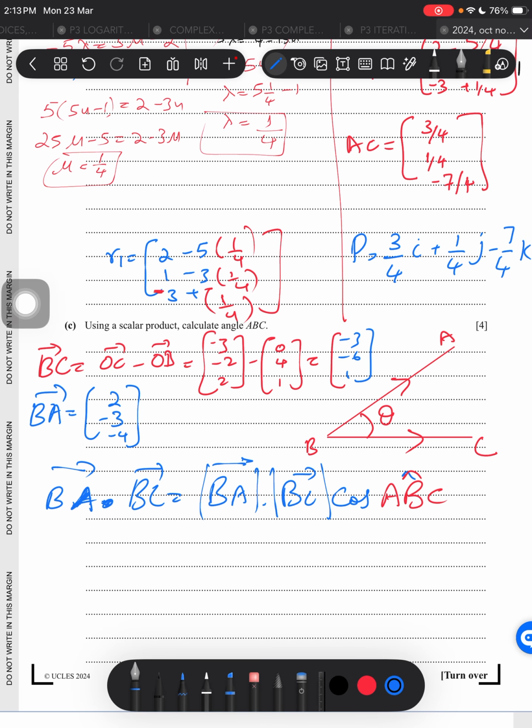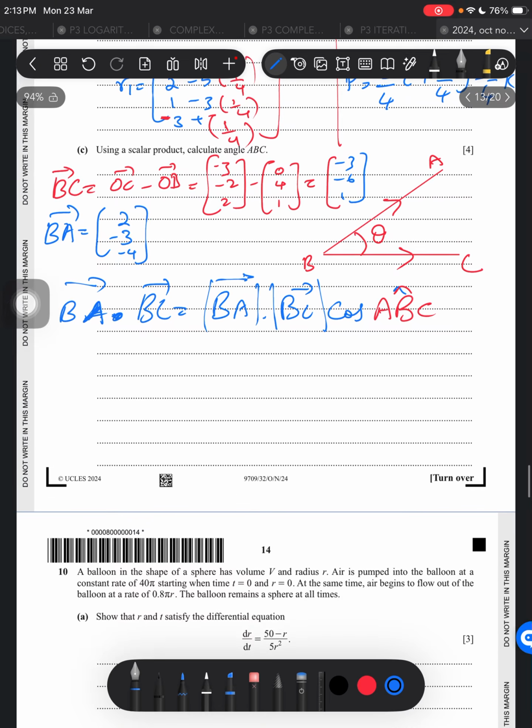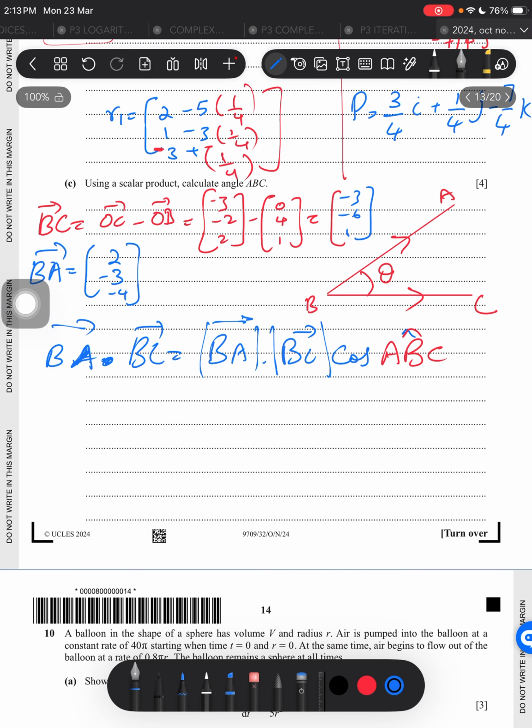So plugging in the values, just directly plugging in the values. I've shuffled the values, but that does not matter.